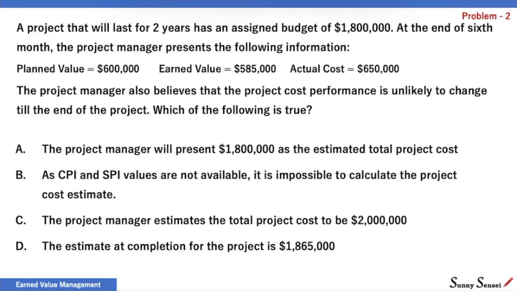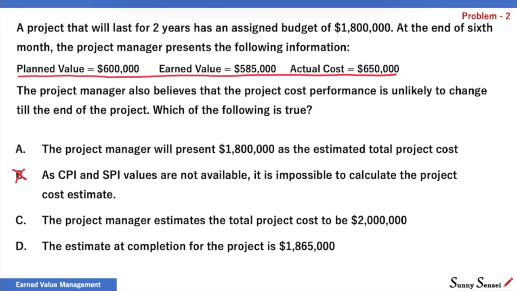Alright, let's try to find the correct choice. Among the 4 options, B clearly stands out. It claims that CPI and SPI are not available. This is incorrect. PV, EV, and AC are given. We can easily calculate CPI and SPI. B is incorrect.